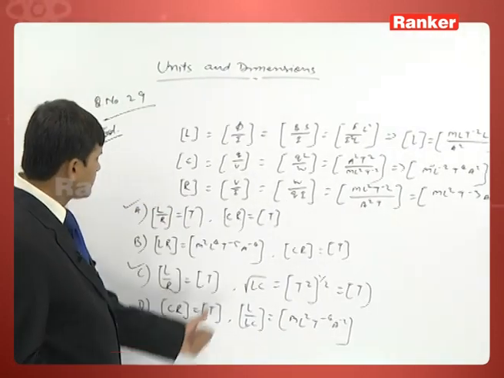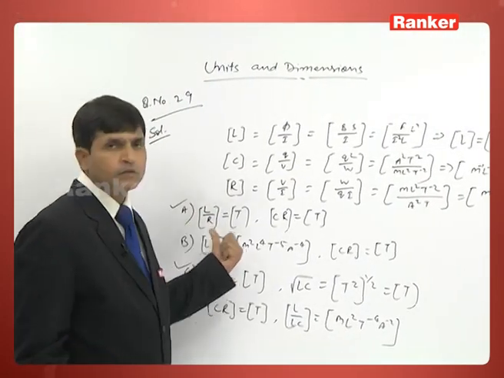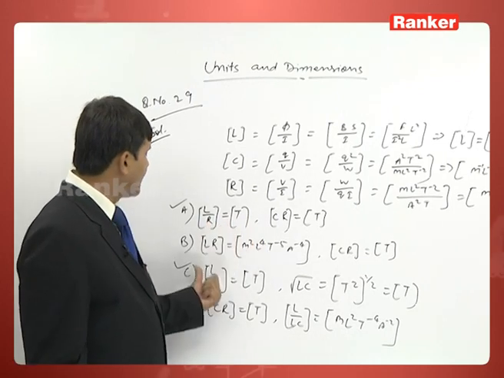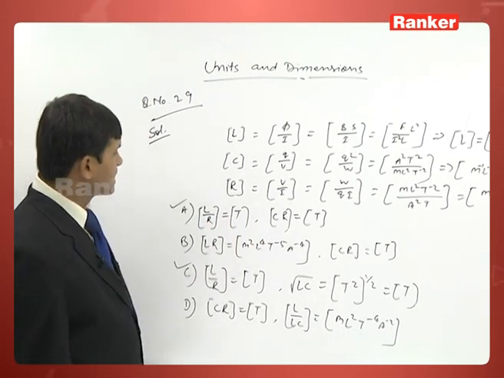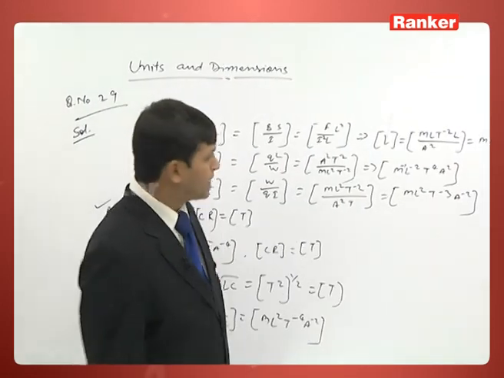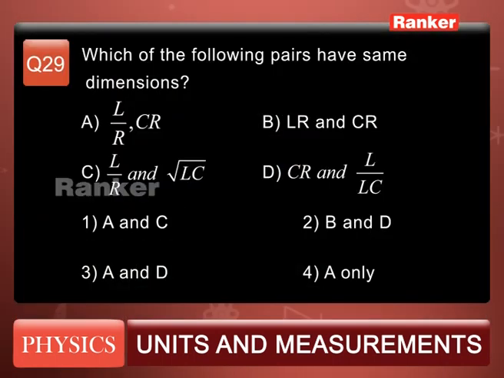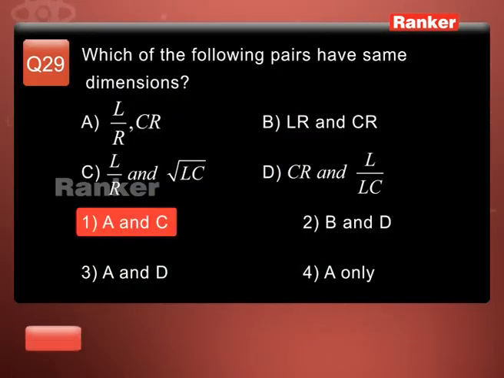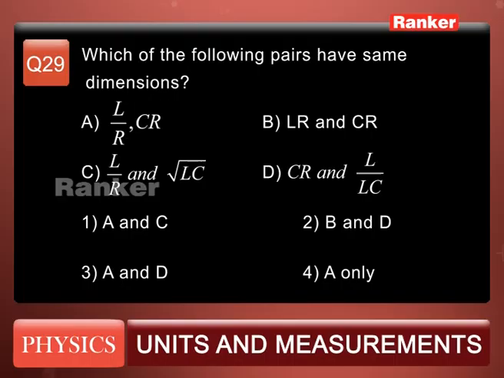So of all these options, the pairs in A and in C have matching dimensions. So A and C. Which option? The option number 1. So finally, your answer, option number 1, is the correct option.